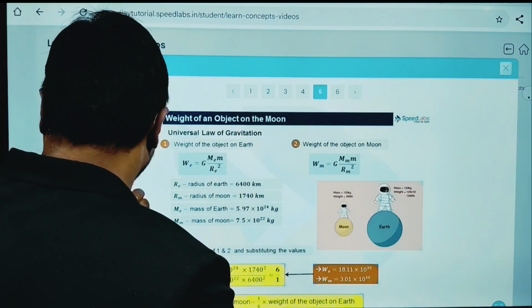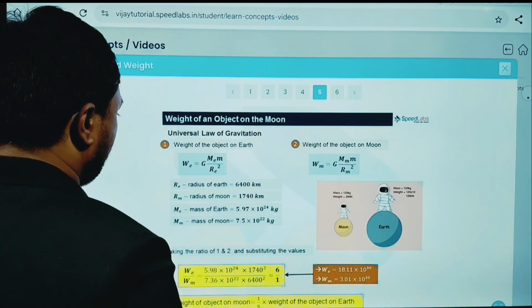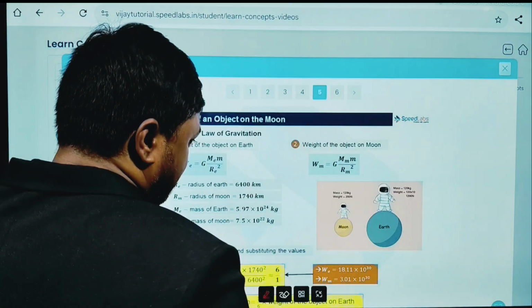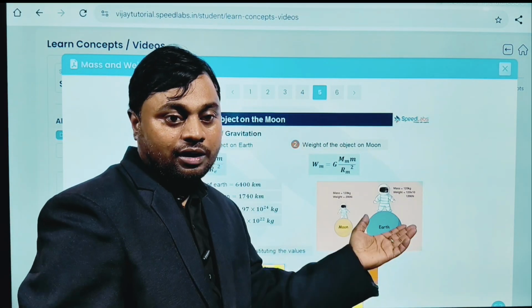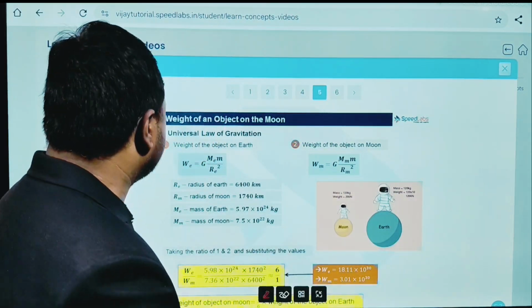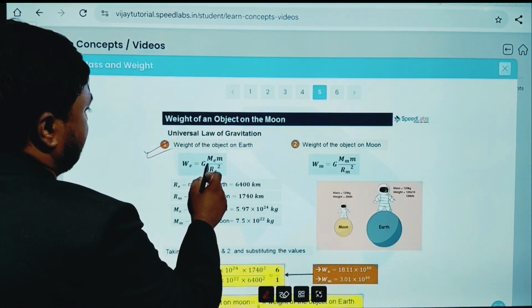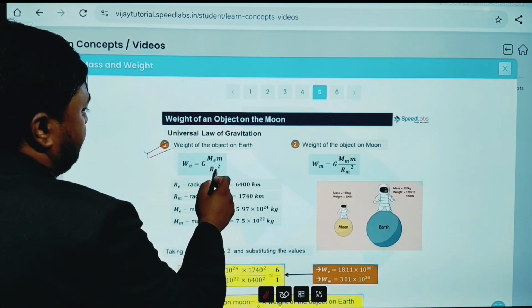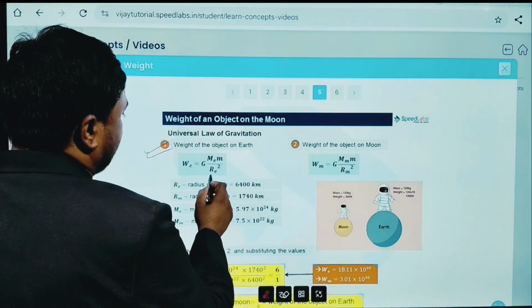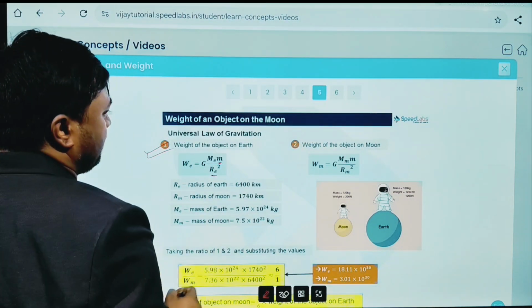Just now we took the example of the earth and the moon. The same example is given here. Weight on the earth is G into M Me by Re squared, where Re is the radius of the earth and M is the mass of the body.